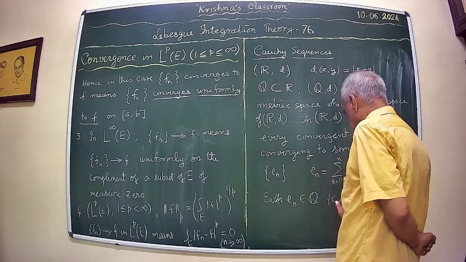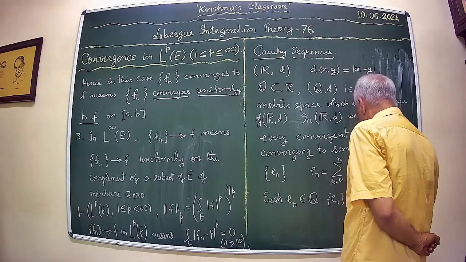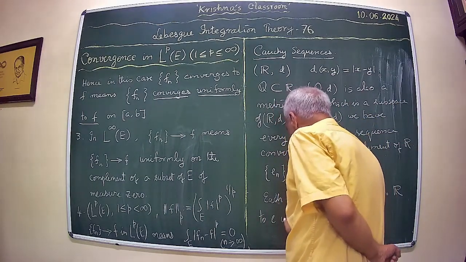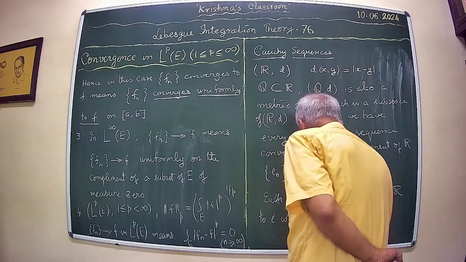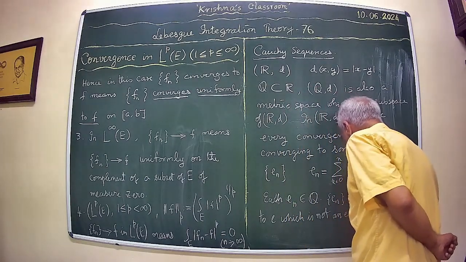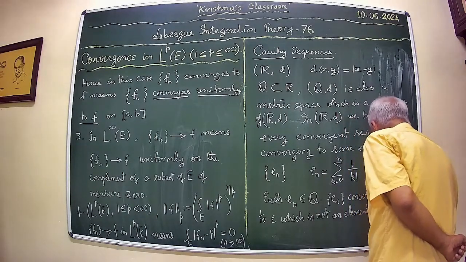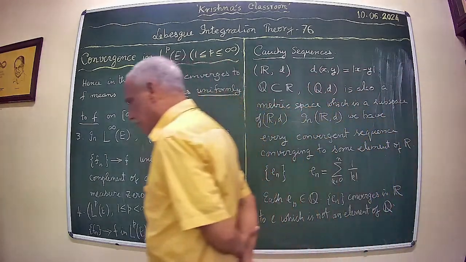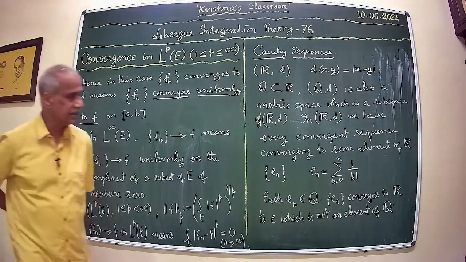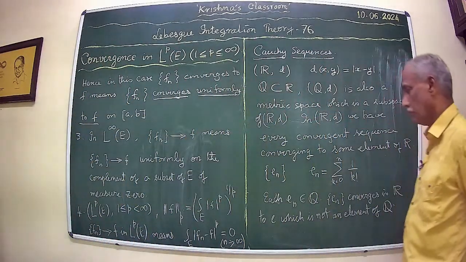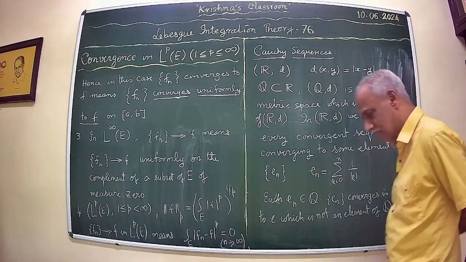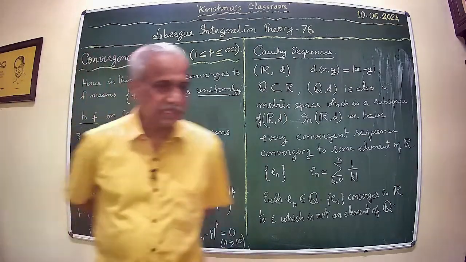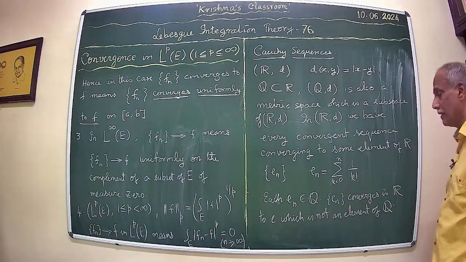Now e_n converges in R to e, which is not an element of Q. So you have sequences in Q which converge in R but not to an element in Q itself, whereas any convergent sequence in R has a limit in R itself, which cannot be asserted about any sequence in Q.